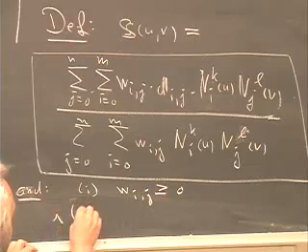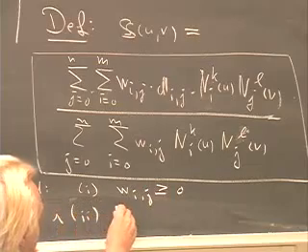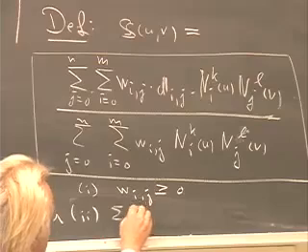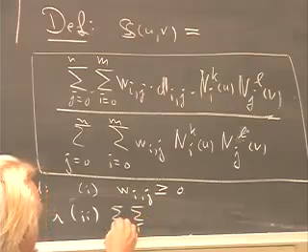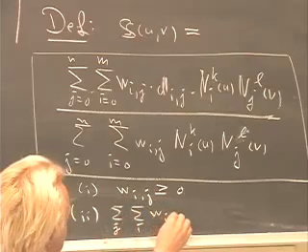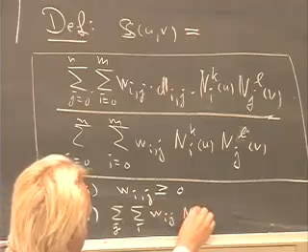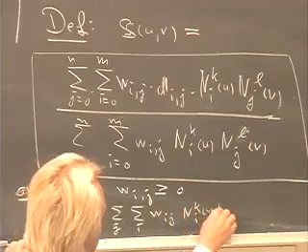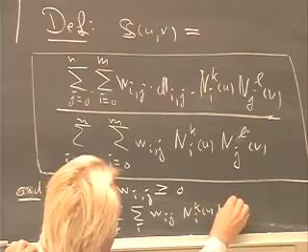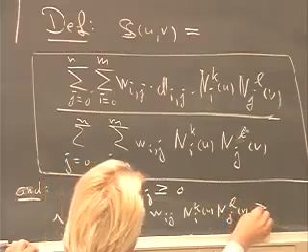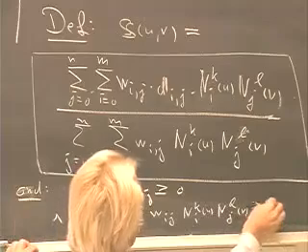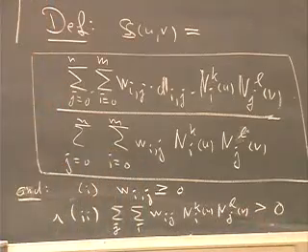And second, also that we do not divide by 0, meaning that the sum over all i, all j of the weights, w i j times N i k of u times N j l of v is greater than 0. Okay, those conditions better be met.